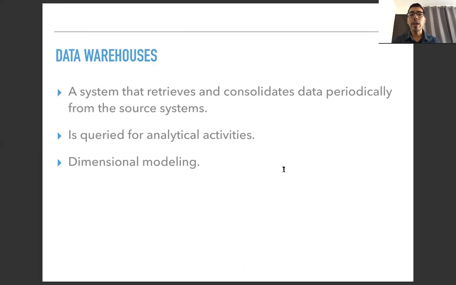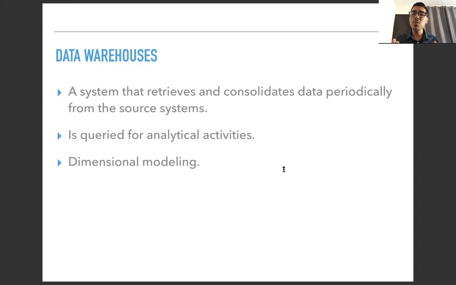So what are data warehouses? A data warehouse is a system that retrieves and consolidates data periodically from the source system. So you may have your relational database that you use for the operational processes day in, day out, but these RDBs might get a little bit complicated because they are suited for your operational processes.